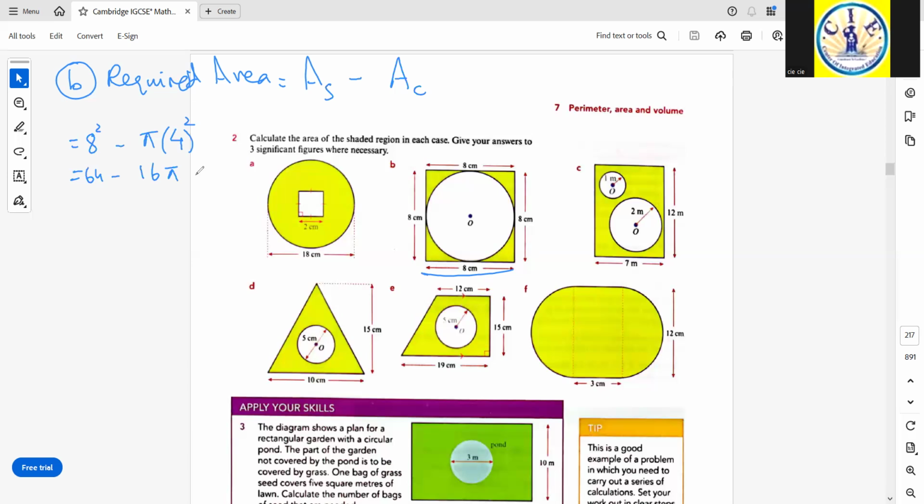Using your calculator, we can find out 64 minus 16 times pi, which is 13.734. So the complete answer to three significant figures is 13.7 centimeters squared.